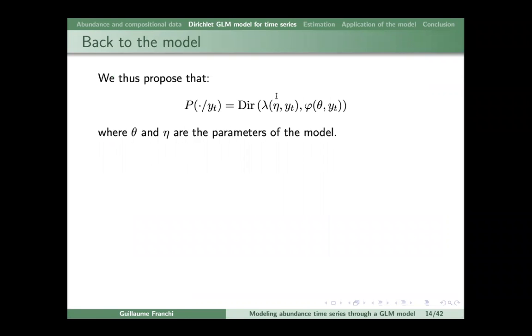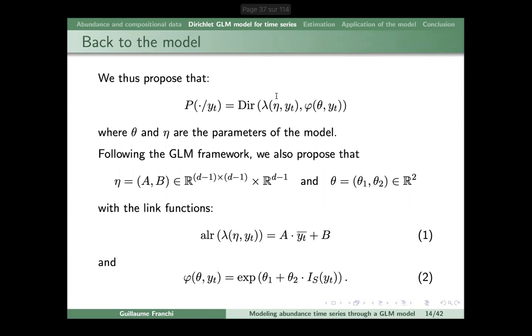So we propose that the kernel P is a Dirichlet distribution with both mean and dispersion depending on fixed parameters eta and theta, and also obviously on the abundance at time t. Following a GLM framework, we will assume that the mean lambda and the dispersion phi satisfy equations 1 and 2.